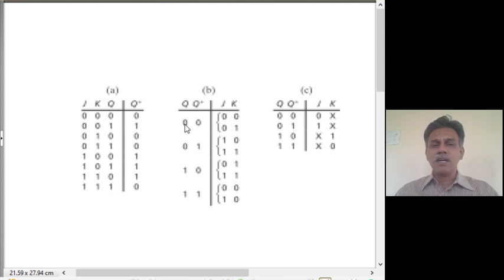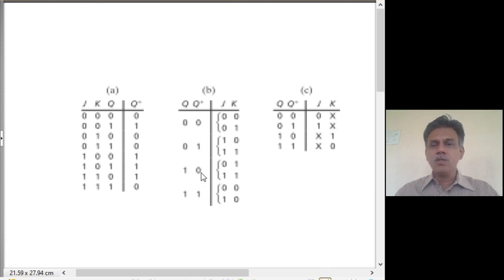From a present state of 0, you will go to a state of 0. So, that we compactly write now as 0, x, because this can be anything. So, we put it as x. And the next one, for this one, j has to be 1, where k can be anything, or we don't care about k. So, that we mark it as 1x.